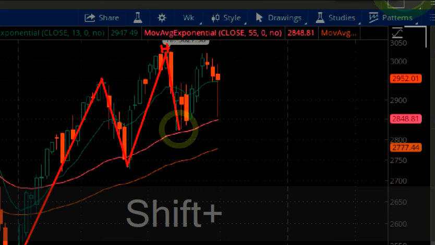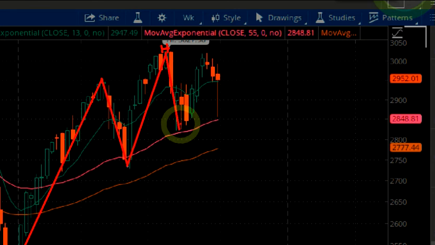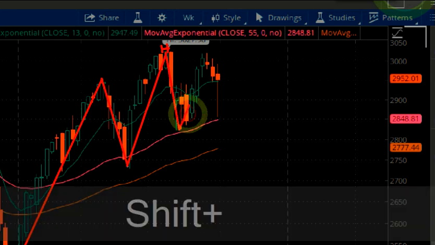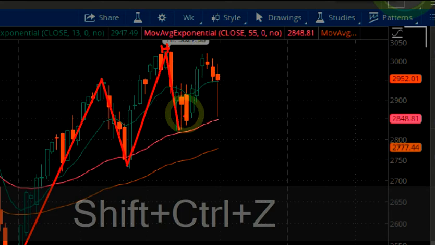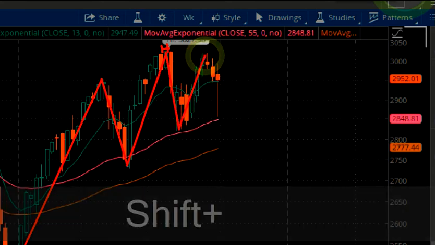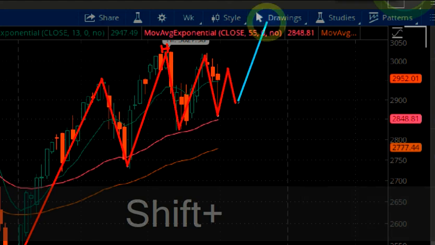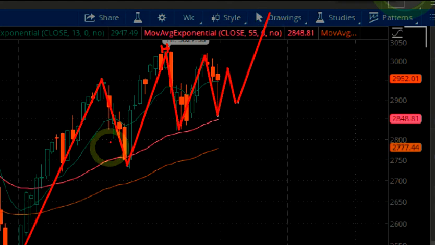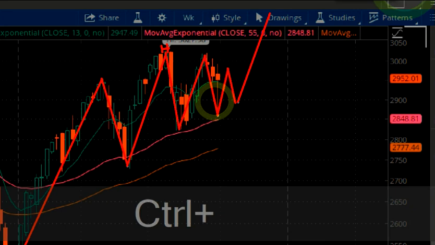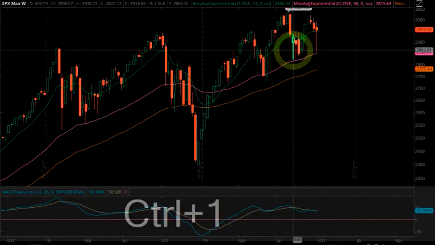Now 4 could be some sort of triangle working out here, where you go like this, and then a lower high, and then a higher low, where you get an A, B, C, D, E, and then 5 and higher prices. So it could be that. It's really hard to say at this point.